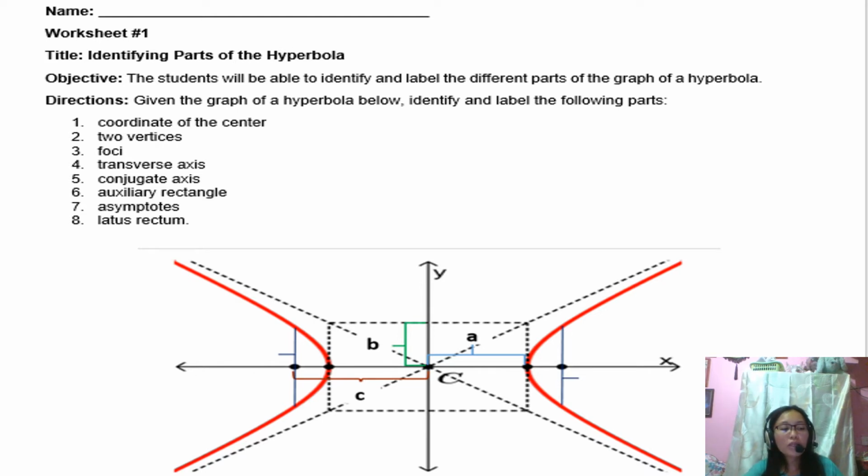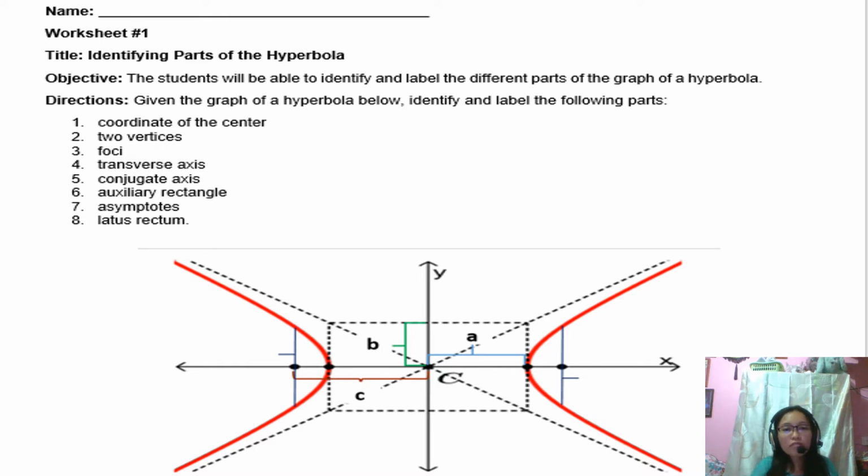Okay, 1 minute starts now. And you can just use your hands to point like where is the coordinate of the center, where are the two vertices. At least you already have an idea on the placement of these parts, right?